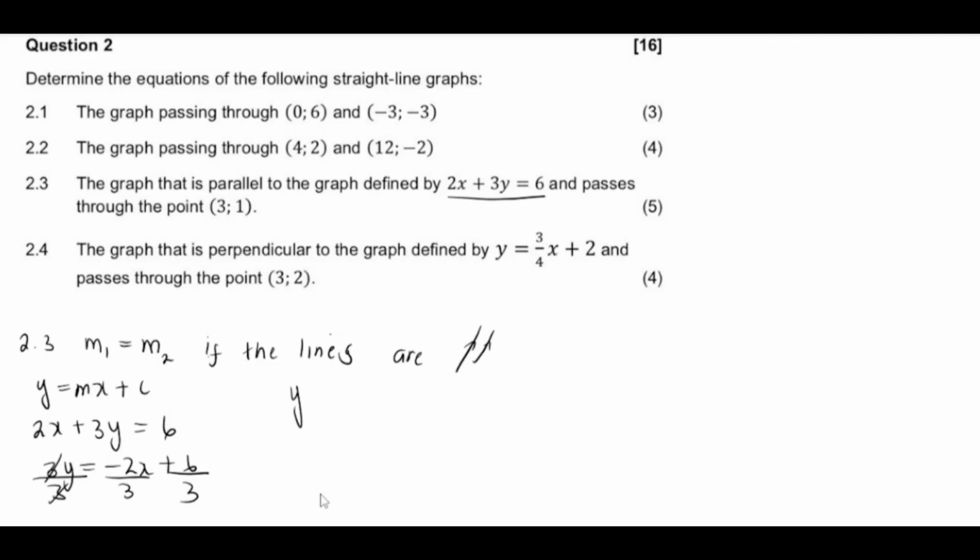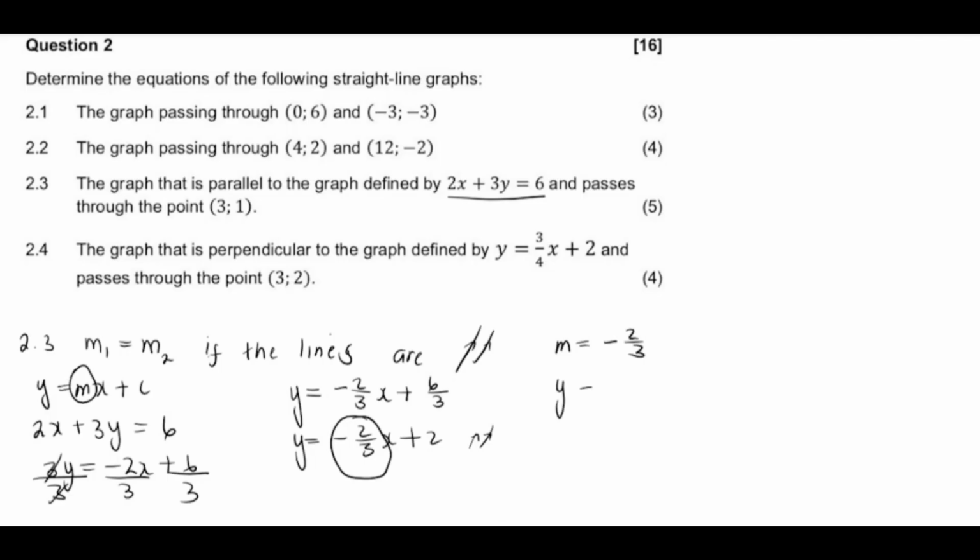Then that means our equation for our line is y is equal to negative 2 over 3x plus 6 over 3, which simplifies to y is equal to negative 2 over 3x plus 2. But this is not the line we are looking for. What we know is that this line is parallel to the line we're looking for. So that means they share the same gradient, the value of m. So the value of m in our equation is negative 2 over 3.